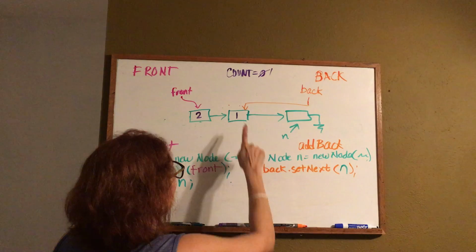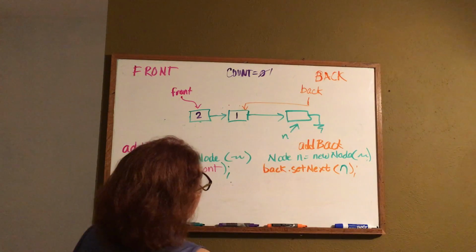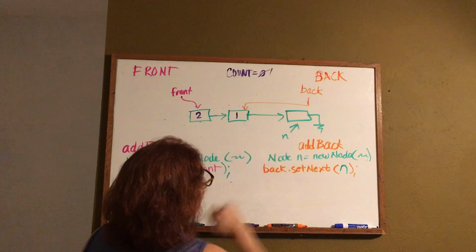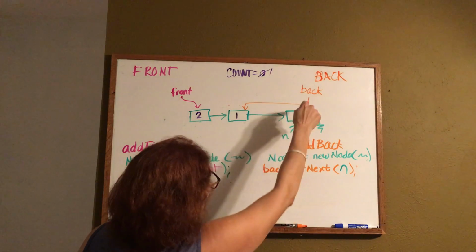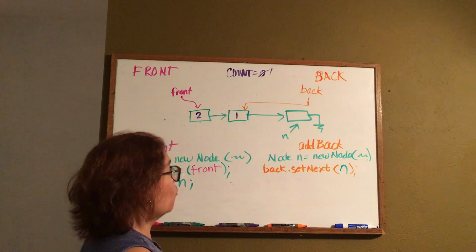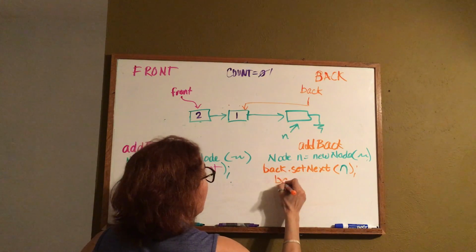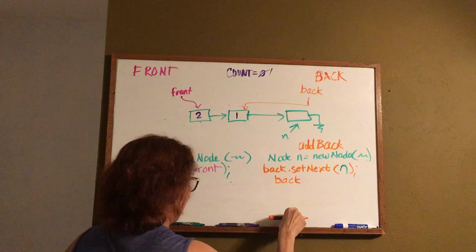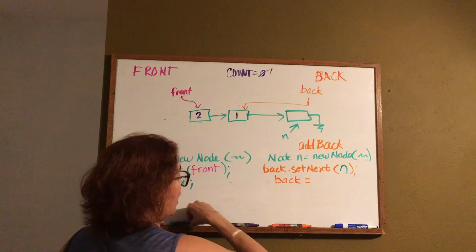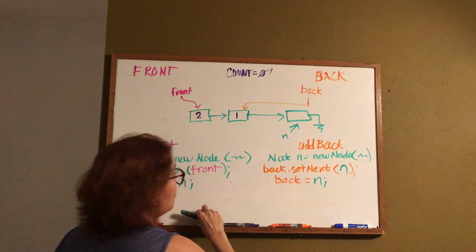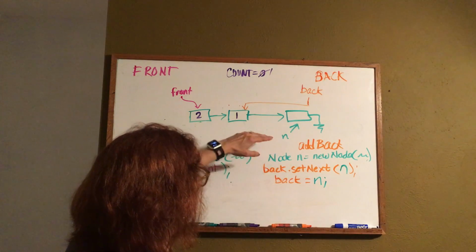And now I am going to move back to reference n. Not just the get next, but back is going to be actually moved there. So in order to do that, I have to say that back is going to be referencing exactly where n is. Let me recap this because I may have said it wrong.